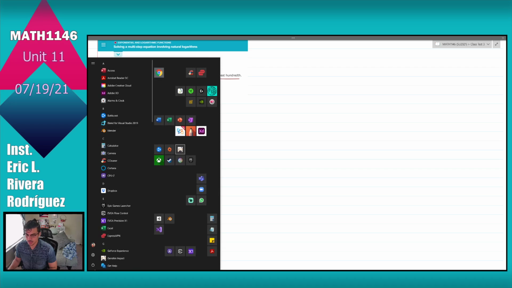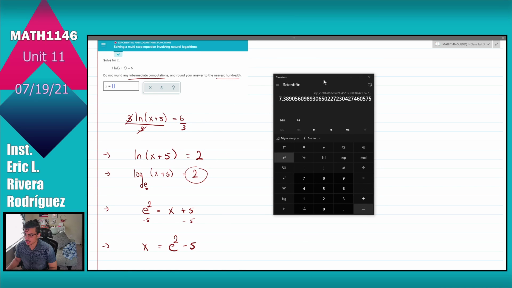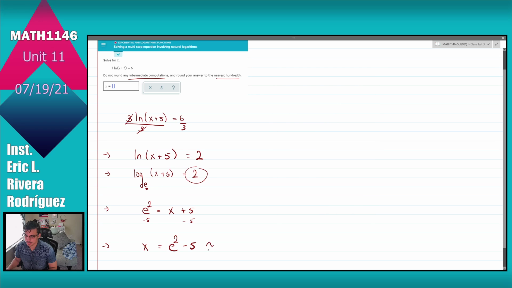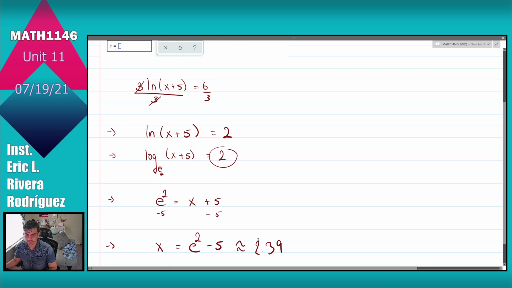So we go to our calculator. e squared minus 5, and nearest hundredth means 2 decimal places: 2.39. And that's the answer. That's how we solve equations with logarithmic functions.